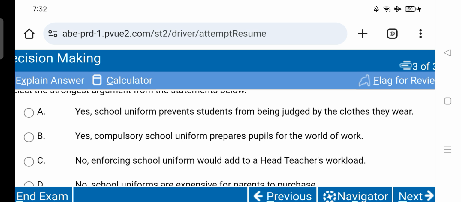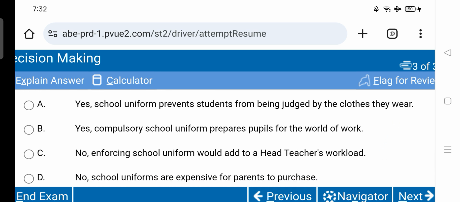Option B, yes, compulsory school uniform prepares pupils for the world of work. Option C, no, enforcing school uniform would add to a head teacher's workload. Option D, no, school uniforms are expensive for parents to purchase.